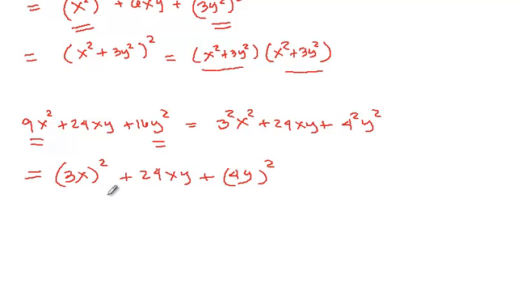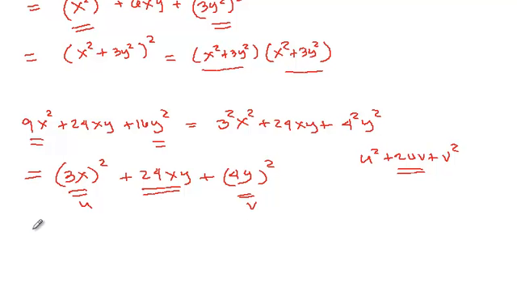Now, let's check the middle term. If it is u squared plus 2uv plus v squared, the middle term should be 2uv. This is u, this is v. 3x times 4y is 12xy, times 2 is 24xy.